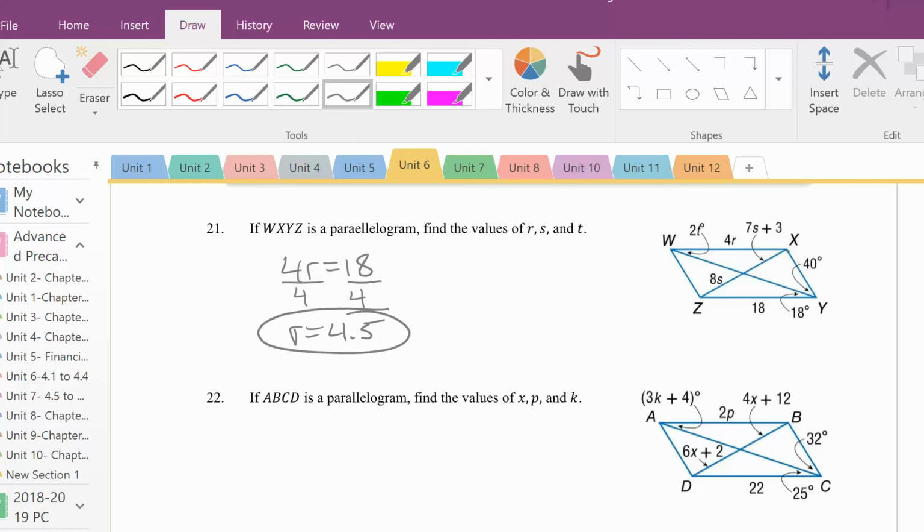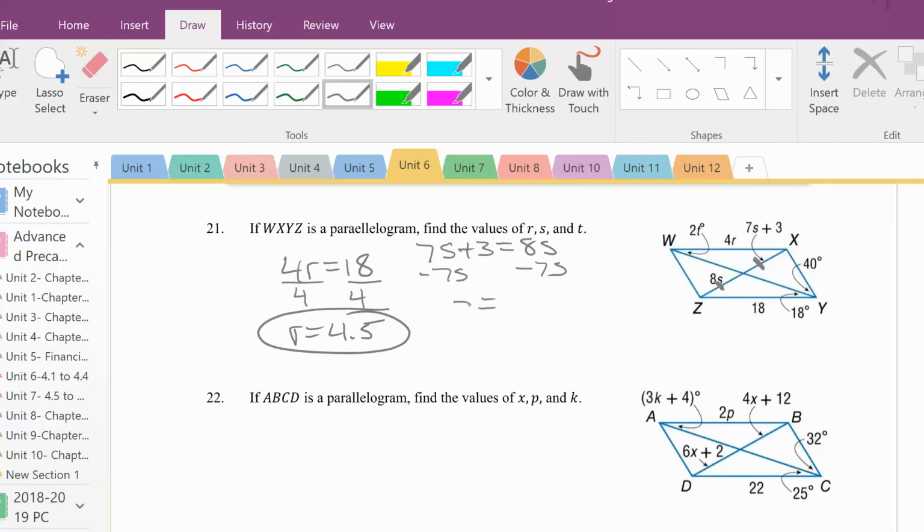For S, since S is this angle here, sorry, it's this here, and 8S is there. Remember, in a parallelogram, the diagonals bisect each other, so 7S plus 3 is equal to 8S.